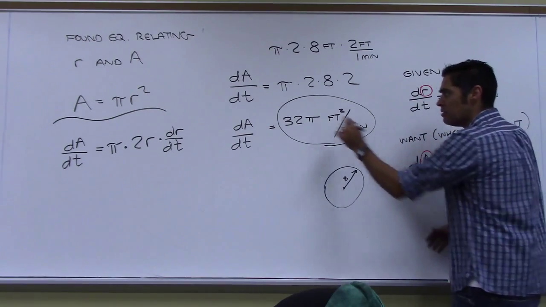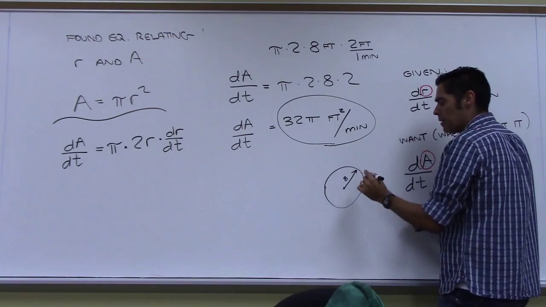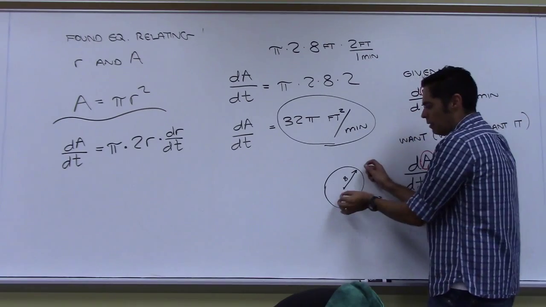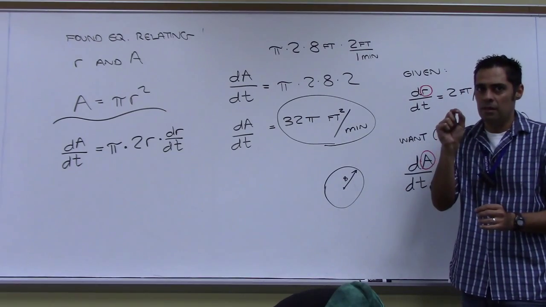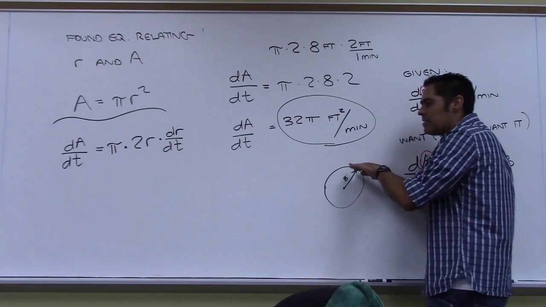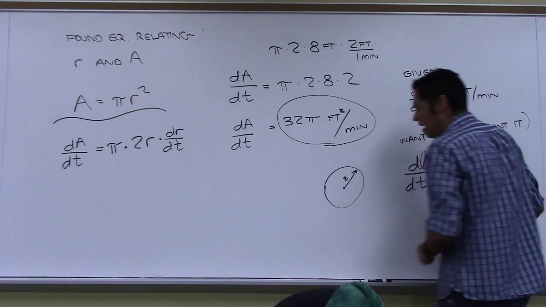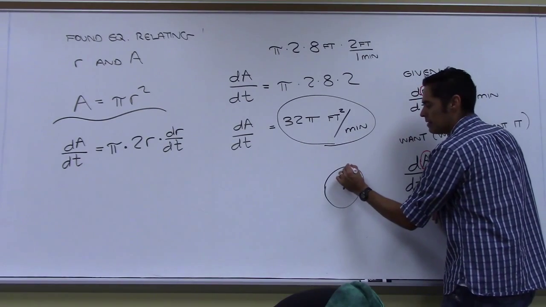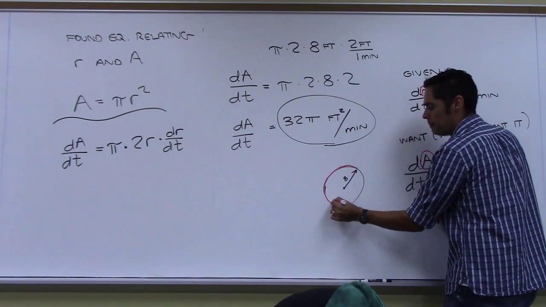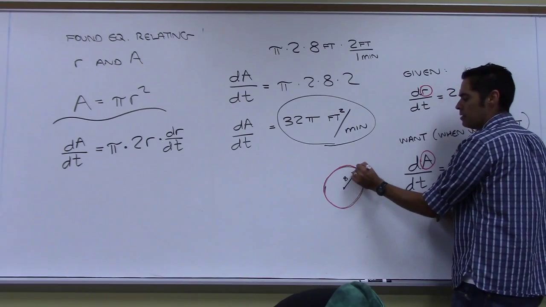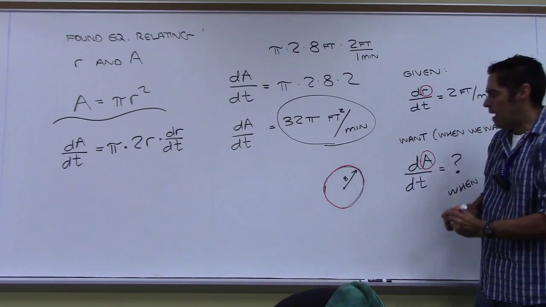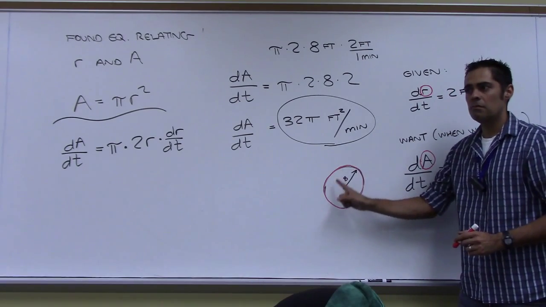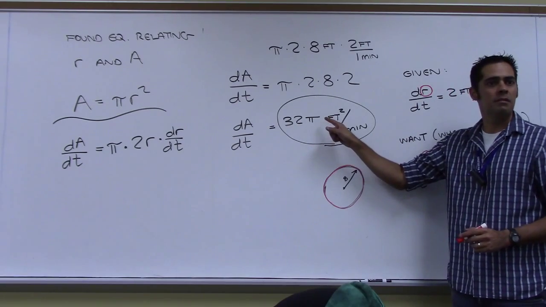All right, so this number right here, this quantity, is that if I were to let this thing increase infinitesimally, which means at the next little infinitesimal moment of time, this circle is going to grow by just an infinitesimal amount, right? Just a little bit. And that red area is 32 pi.